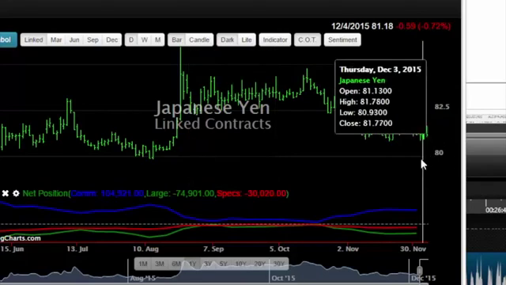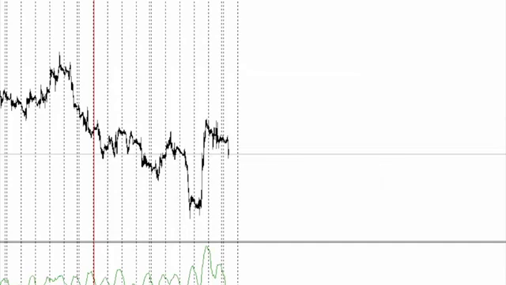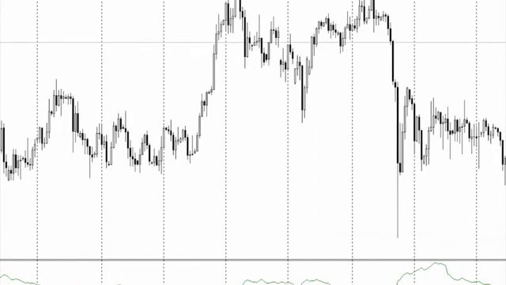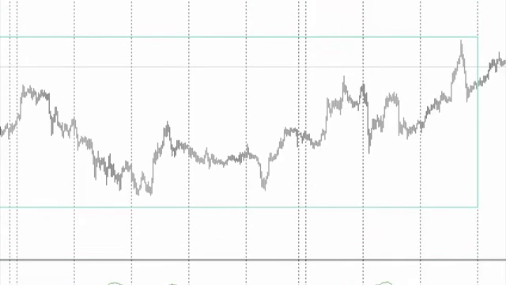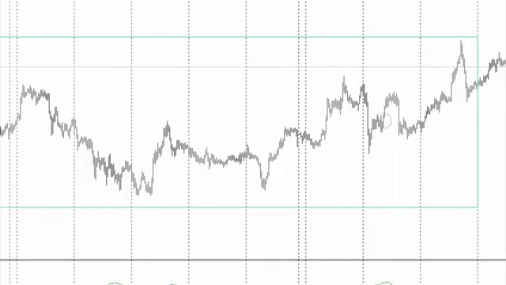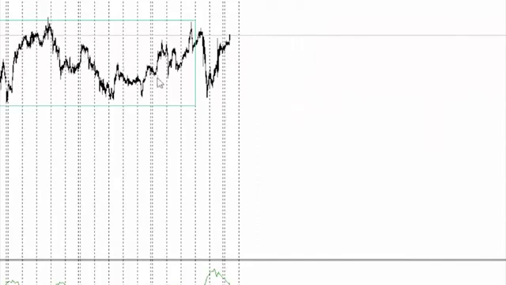And let's look at what was happening before December 1st on the Japanese yen. Okay, so the chart is opposite here. That is December 1st. And I would say that we can search for long positions on American dollar versus Japanese yen.